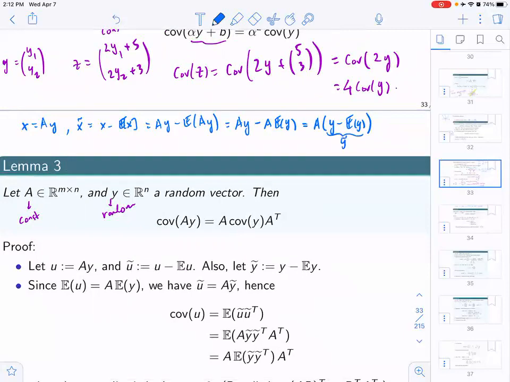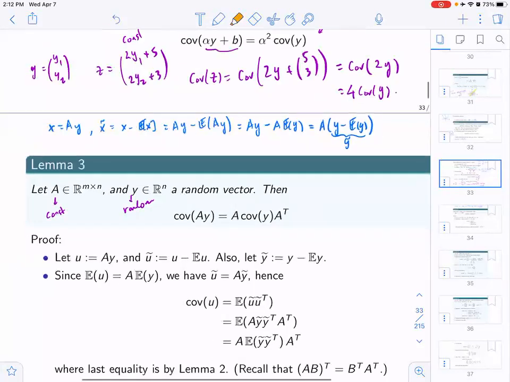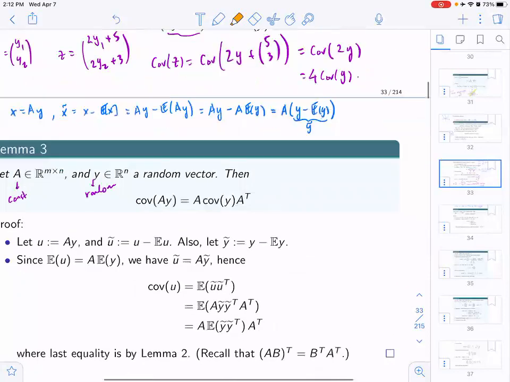So this step, what property, or why is this true? Expectation of AY is A times expectation of Y, by lemma one, like linearity of expectation. Okay. So then the next step. So we have X tilde is A times Y tilde.